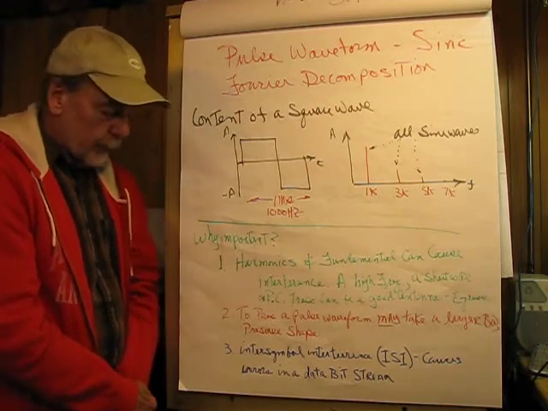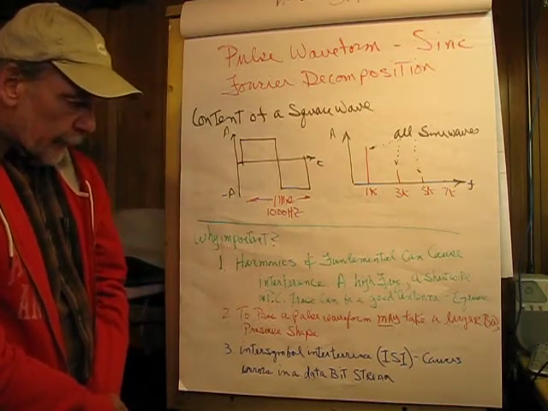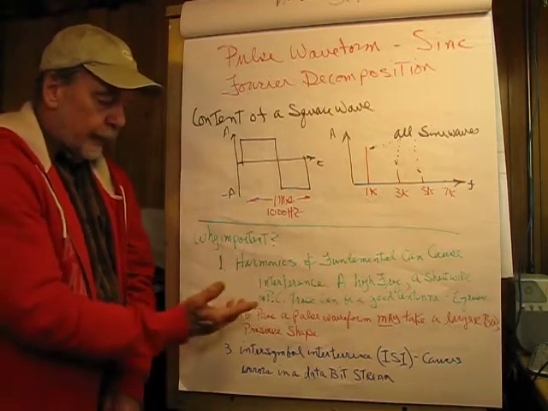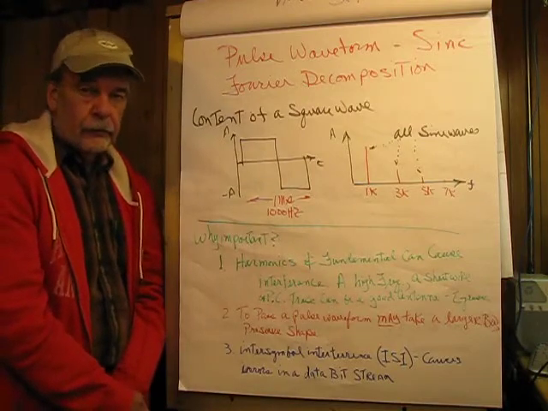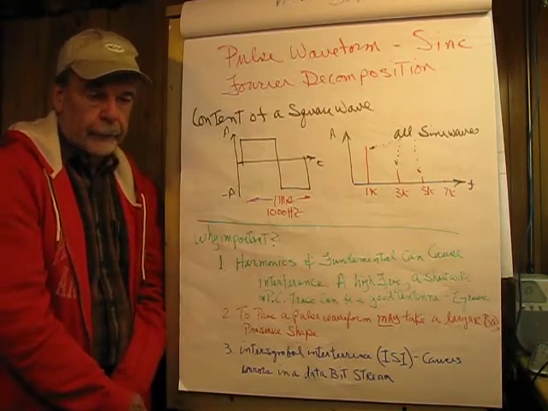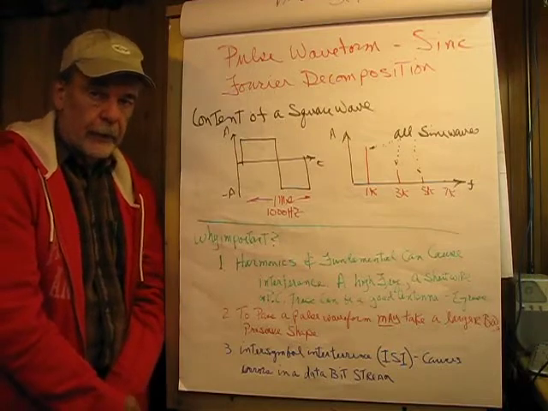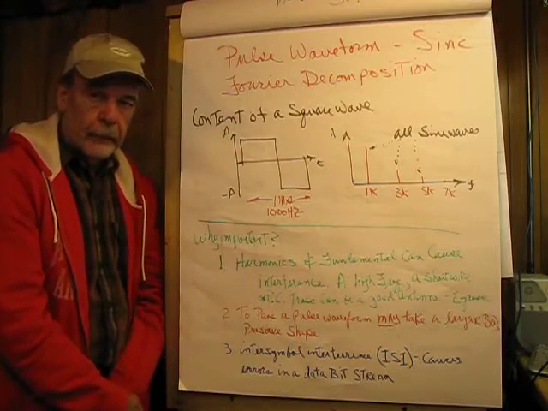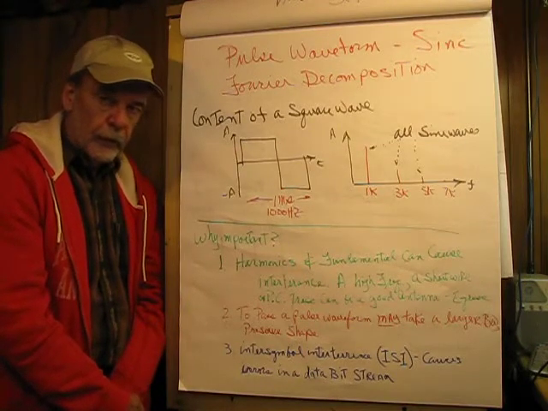Interference is quite important. Secondly, what kind of bandwidth do we need to pass a rectangular waveform? When I say rectangular waveform, think about a digital stream, data coming out of a modem going into a computer, whatever.